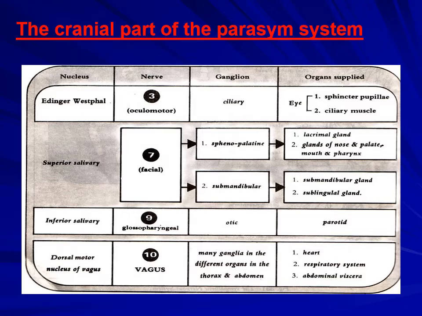It has a main nucleus and an accessory nucleus called the Edinger-Westphal nucleus, which gives rise to the parasympathetic fibers. In the facial nerve, there is the superior salivatory nucleus, passing to the sphenopalatine ganglion to supply the lacrimal gland.